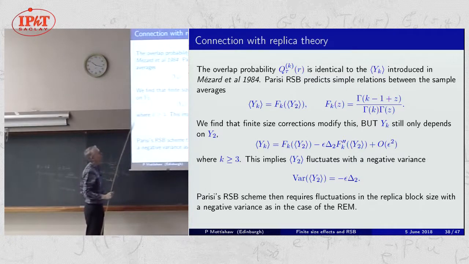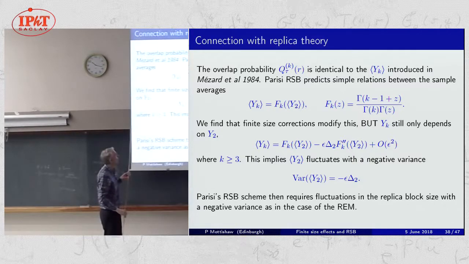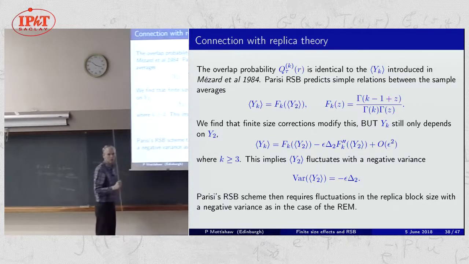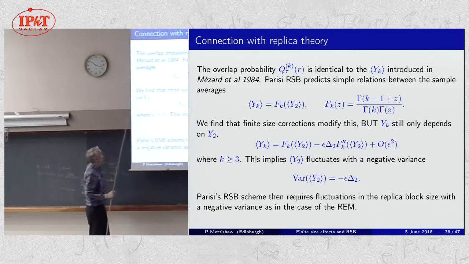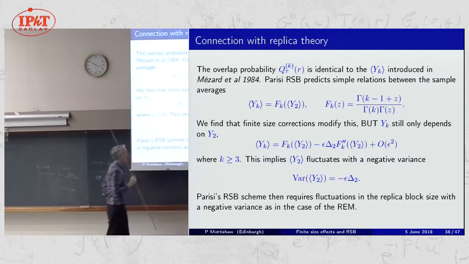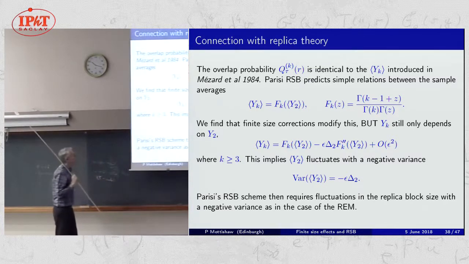So it's again the probability of having k copies of the system in the same state. And from the replica method, you get this relationship where y_k with k greater than 3 is basically dependent only on y_2. So you get all the structure of y_k simply from a function of y_2, where this is the familiar structure that we've seen a number of times before.